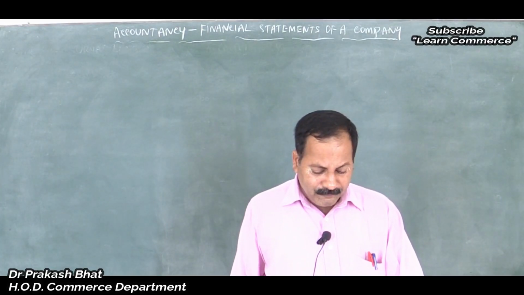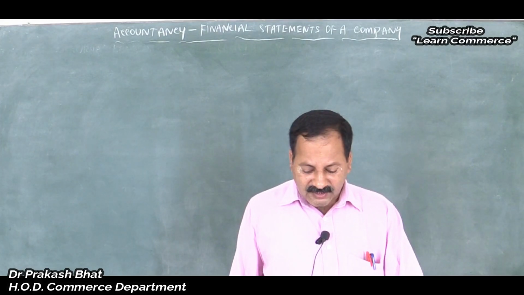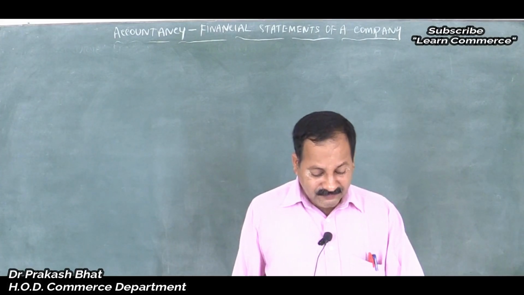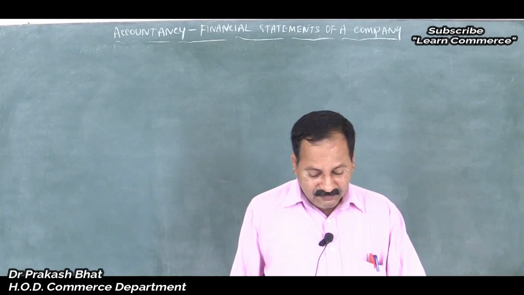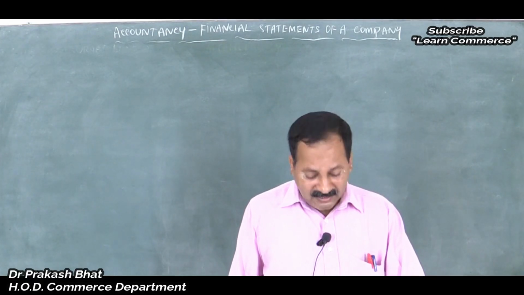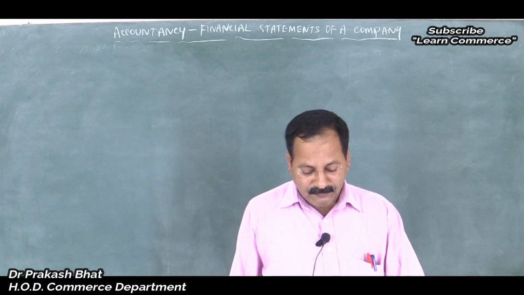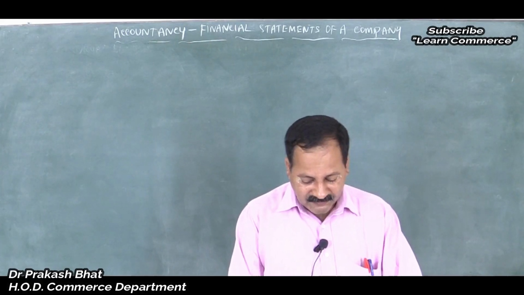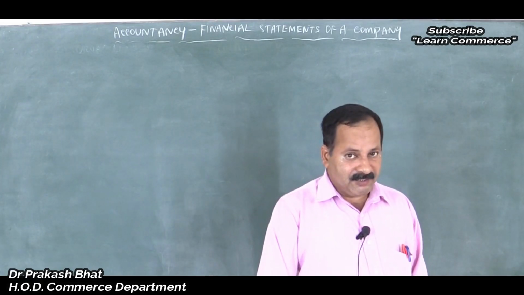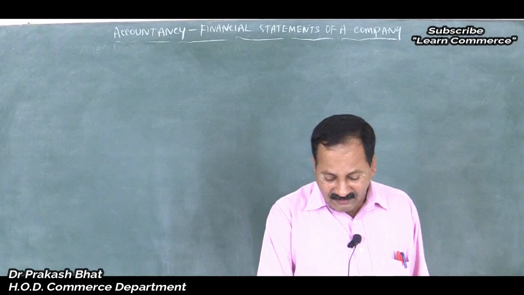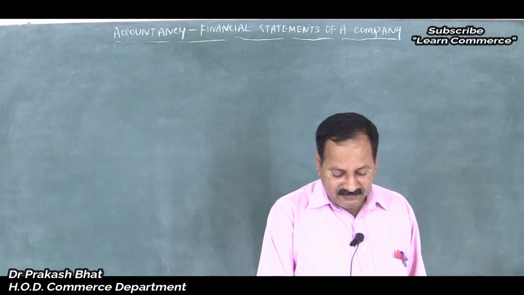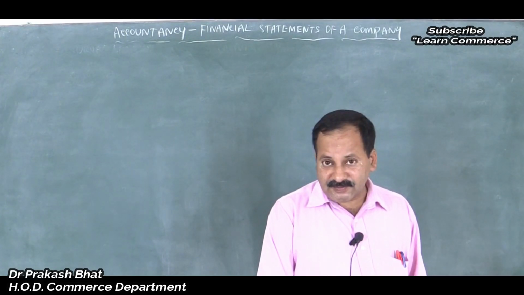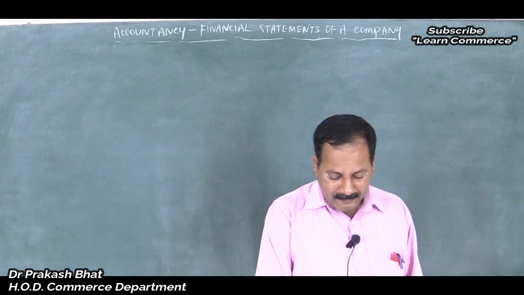Balance sheet of White Limited as on 31st March 2018 as per schedule 6 of Companies Act 2013. We have to prepare balance sheet from the following information. Information is given. General reserve comes under reserves and surplus, very well, right? Then 10% debentures, long-term borrowings.